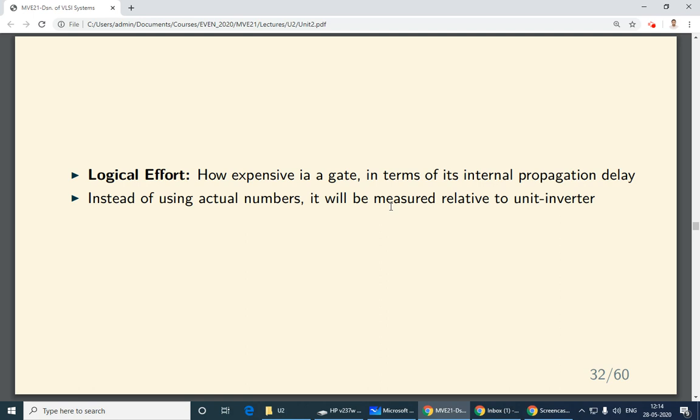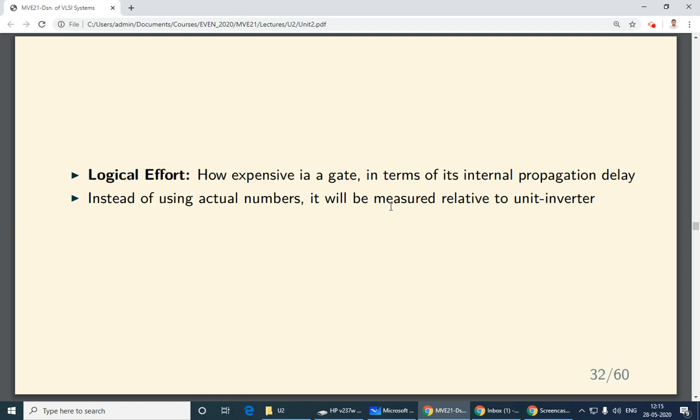Can we come up with a number saying what is the cost of this gate in terms of delay? Meaning that if the number is low, the delay is low. If the cost of some gate is high, the delay number or the logical effort of that gate is also going to be high. That is approximately what logical effort is trying to tell us: what is the cost of a gate in terms of the delay? If some gate introduces a lot of delay in my circuit, it is going to have high logical effort. If not much, then it is going to have low logical effort.